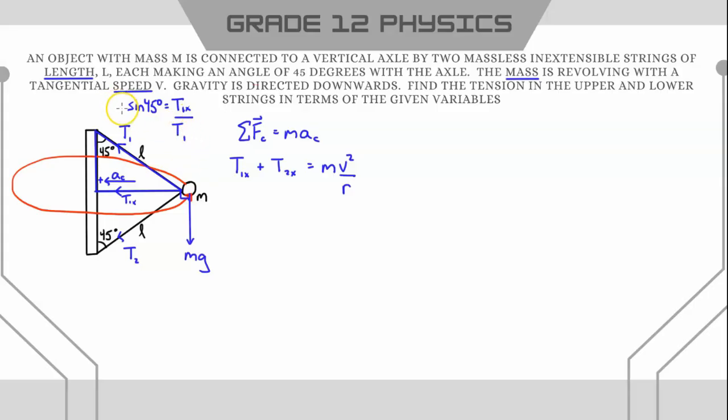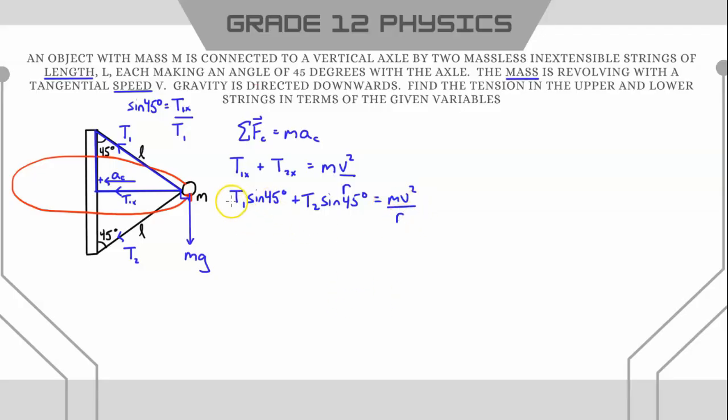And when we multiply both sides by T1, we get T1x is equal to T1 times the sine of 45. And we can do the same thing for T2. And it's actually going to be the same because this is a nice symmetrical problem. So this will be plus T2 times the sine of 45. And that is still equal to mv squared over r.